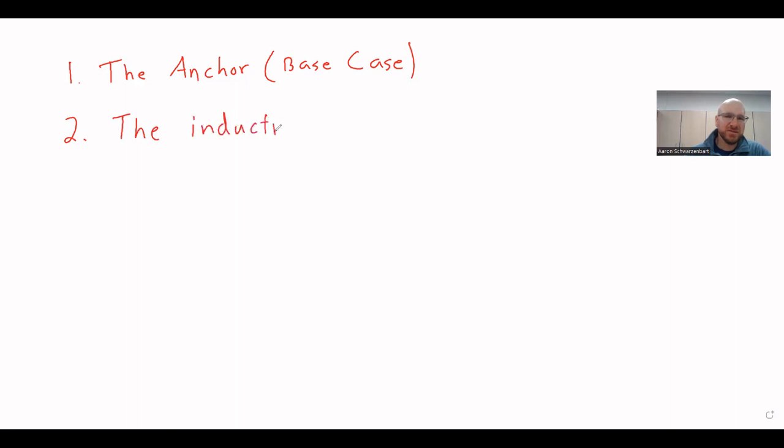This is often included in step 3 as you get further along, but since you're first doing it, I want you to make it its own step. In the inductive hypothesis, you assume that your statement is true. The inductive step is you prove that it must be true for the next one.